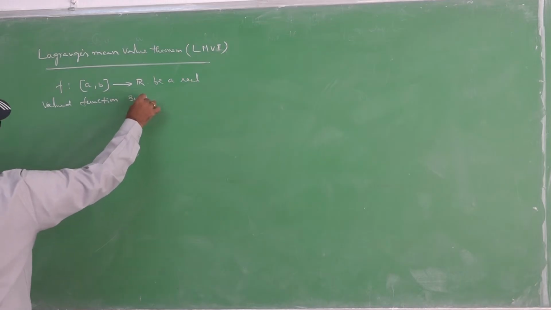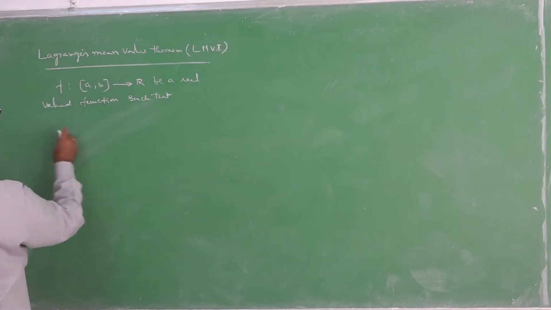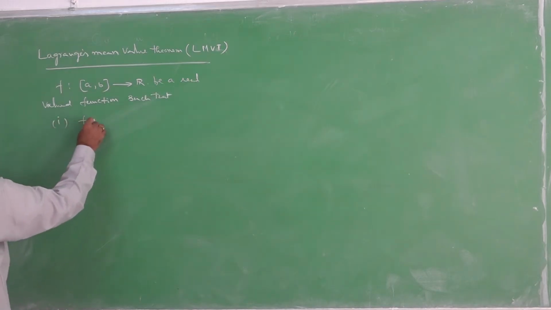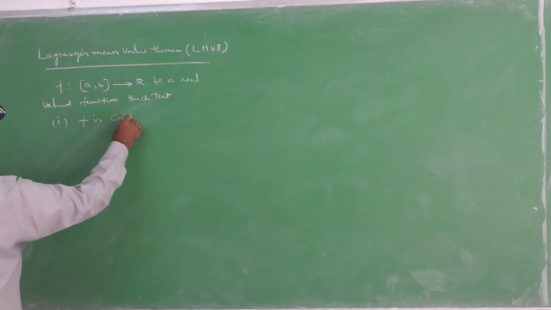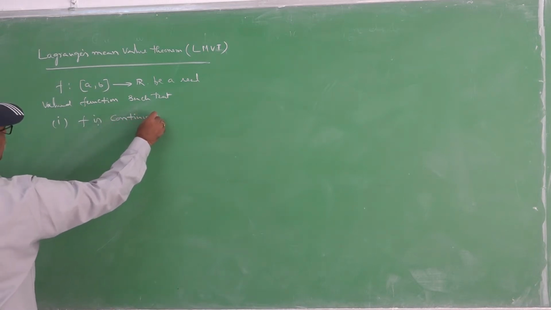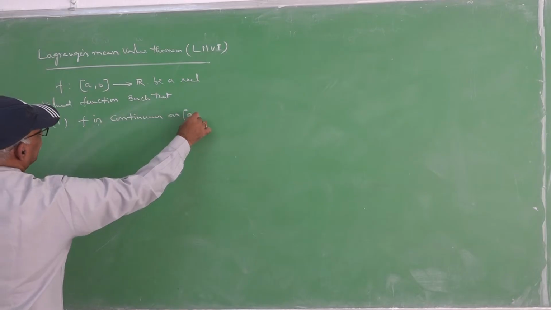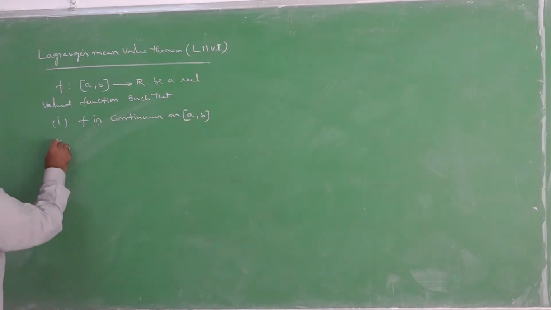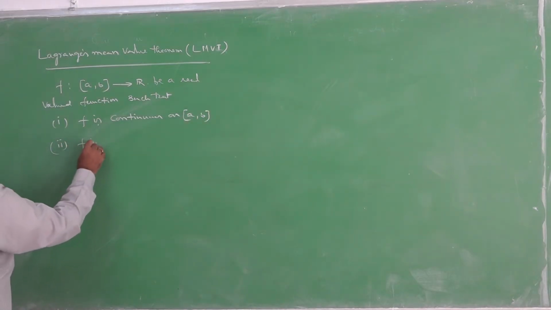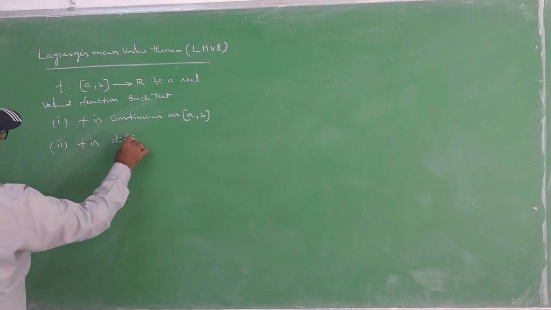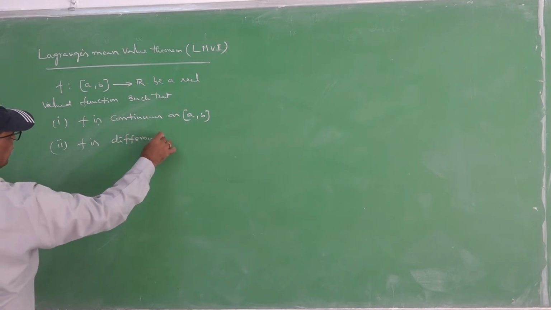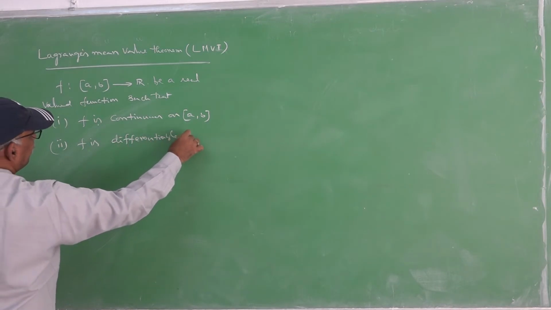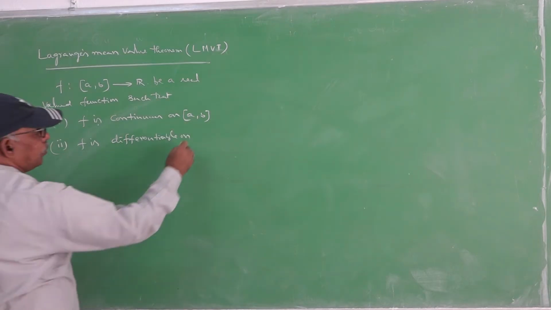such that it follows the two conditions: f is continuous on the closed interval [a, b], and f is differentiable on the open interval (a, b).